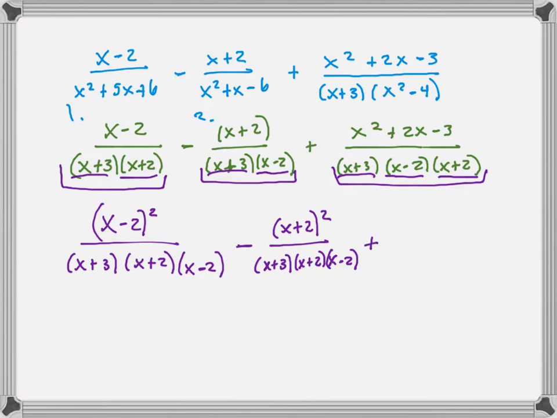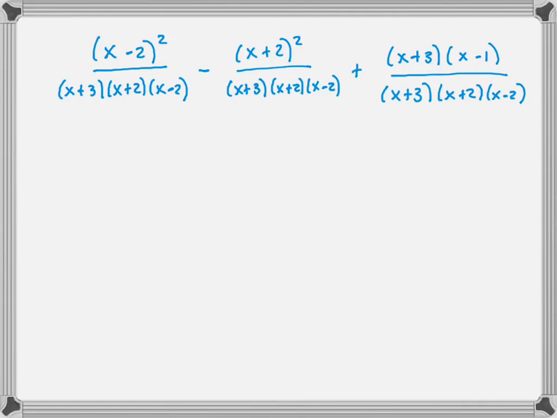I forgot to put another thing here. And then obviously we're just going to add this at the end again, and I'm just going to factor it really quickly: x plus 3 times x minus 1 over x plus 3 times x minus 2 times x plus 2.